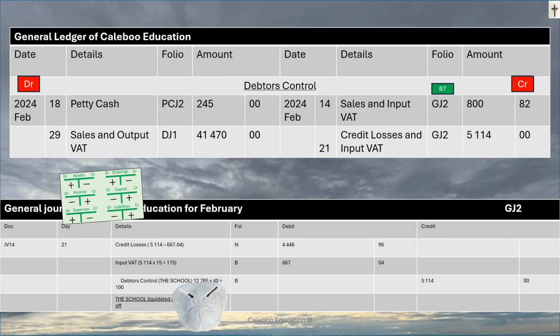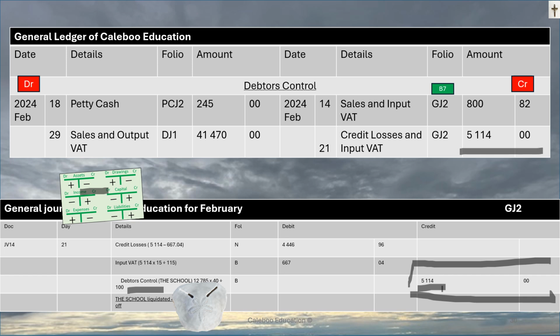Then also in the general journal, what happened was the school went into liquidation, and debtors control needed to be credited because there's a decrease in assets of 5114.